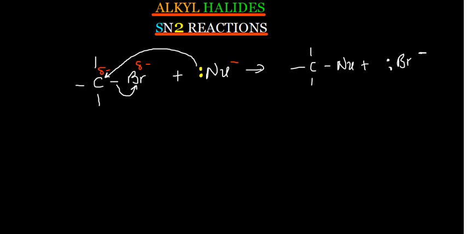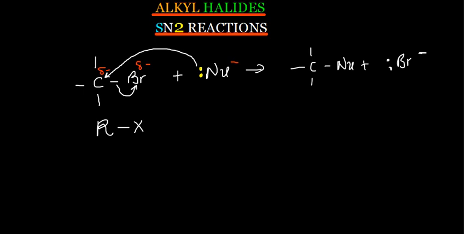Now I can simplify this by saying we have got a nucleophile which is attacking the alkyl halide. So I'll say we have got an alkyl group R which is attached to a halide, let me give it X. That is a halide; it can be any halogen: chlorine, bromine, fluorine, iodine.